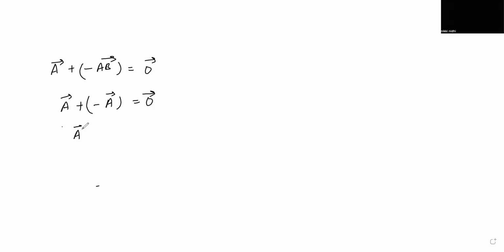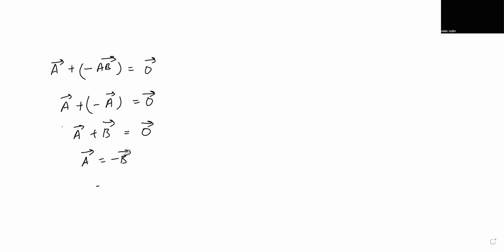What are the properties? A vector plus minus A vector will be equal to null vector. Understood this? Did you get it, guys? Yes, sir. If A vector plus B vector is equal to null vector, it means A vector is equal to minus B vector.